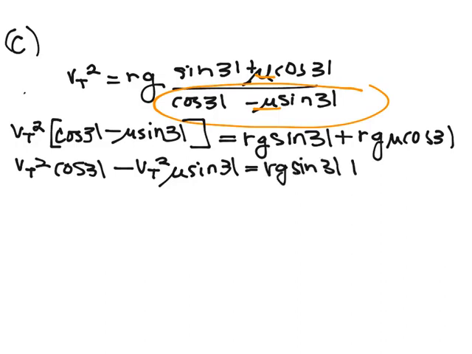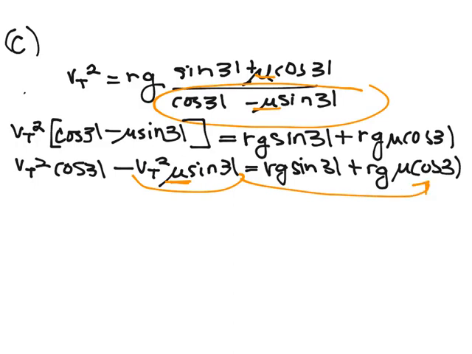At the end of the day, remember that I'm trying to get mu. So I want to rearrange this so that I have all my mu's on one side. What I'm going to do is add vt squared mu sine 31 to one side, so I'm going to bring this term over here with addition, and I'm going to take away the rg sine 31 with subtraction.